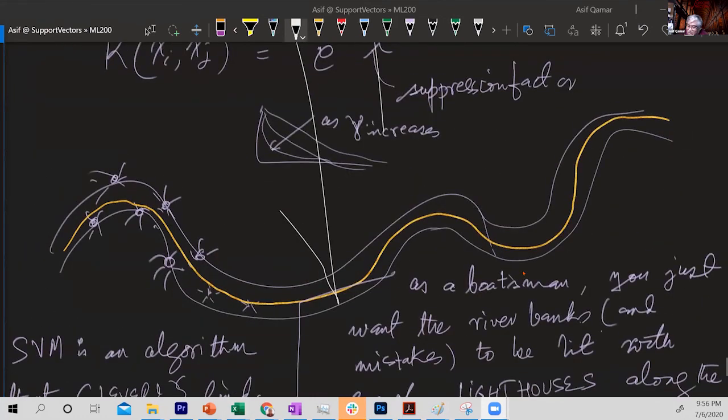It says, don't tell me how, but I discovered these lighthouses. And once you know the lighthouses, the support vectors, you can literally see the intuition. You can see how the support vector machine is making its decisions. It becomes evident. So in that sense, it remains interpretable. But you lose the answer to how in the world did you pick these as the lighthouses? What was the reasoning behind it?